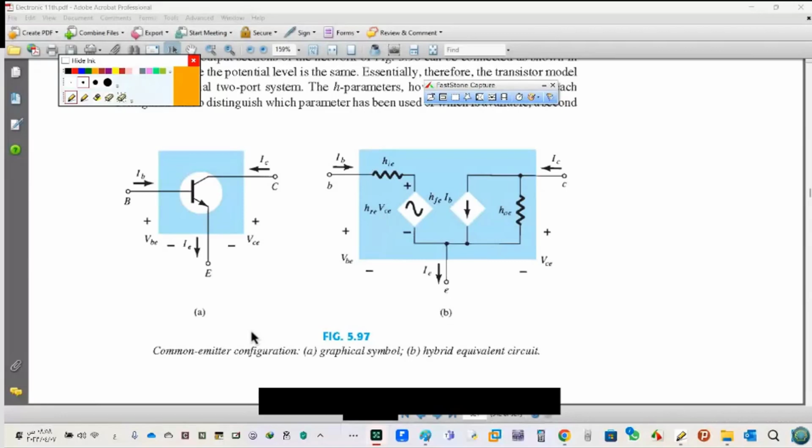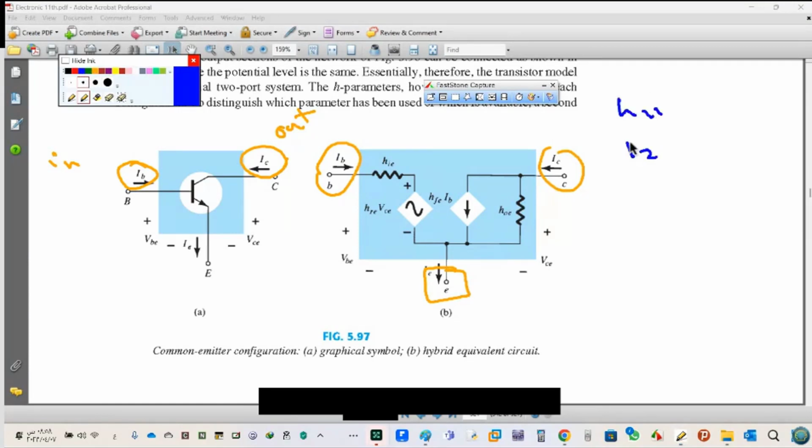Now, let's compare and apply this model here for common emitter and for common base. For common emitter, I have IB as input, IC as output, and it's common. So each write the parameters, H11, H12, H21, H22.